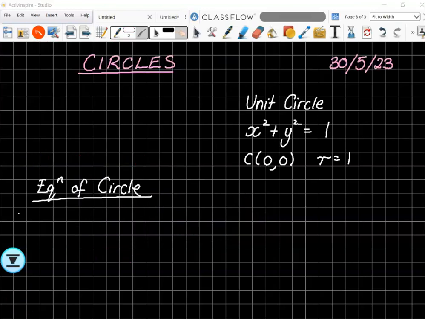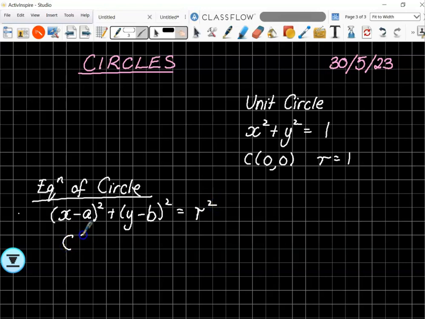So we've seen equations of circles before when we had our unit circle, x squared plus y squared equals 1, or cos squared plus sine squared equals 1. Our equation of a circle here, general form, is (x minus a) squared plus (y take b) squared equals your radius squared.